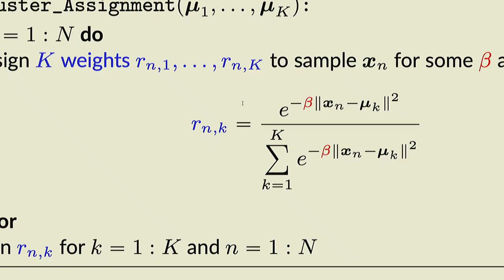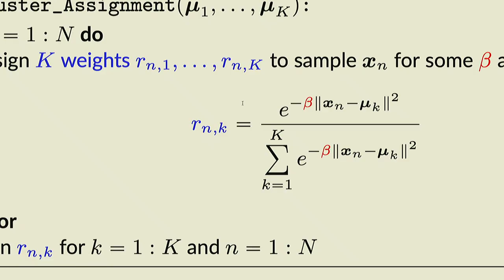You just take the distance to cluster k, and you normalize it by this expression when you add it up over all the clusters, right? Everybody's clear? So you look at this guy, you see what the distance is from everybody else, you put it inside this expression, and you are just normalizing the distances in a nonlinear form, right? And at the end of the day, the one which is closer is going to have higher probability, the one which is far away is going to have less probability, right?